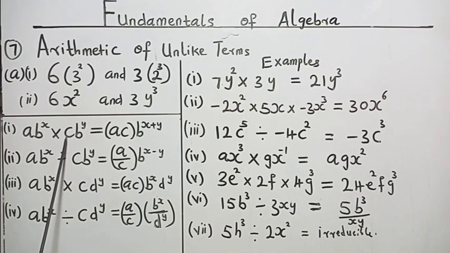So let the constants multiply the same way A and C multiplied. The constants here are minus 2, 5, and minus 3. So minus 2 times 5 is minus 10. Minus 10 times minus 3 is 30. So the constants, when multiplied, will give us this 30.